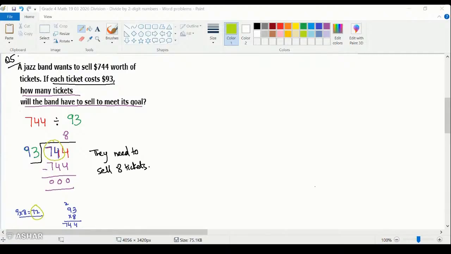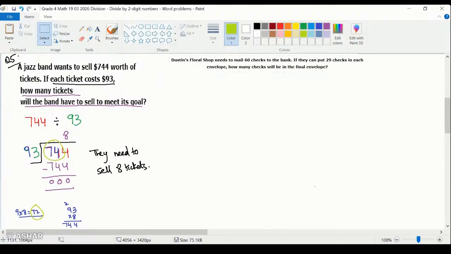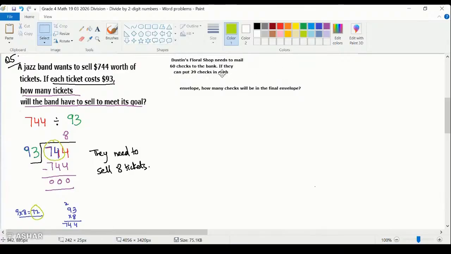For the next one, they're saying Dustin's floral shop needs to mail 60 checks to the bank. If they can put 29 checks in each envelope, how many checks would be in the final envelope?